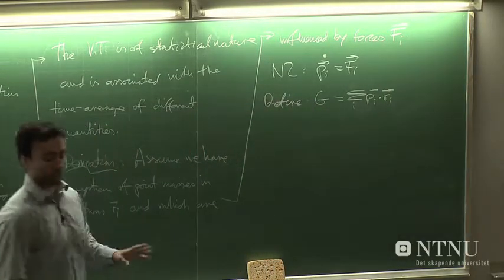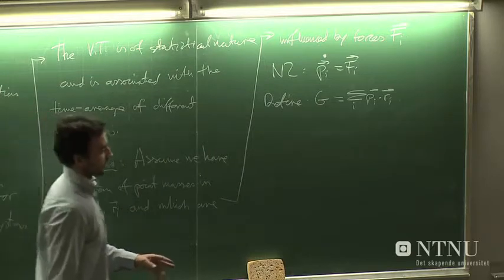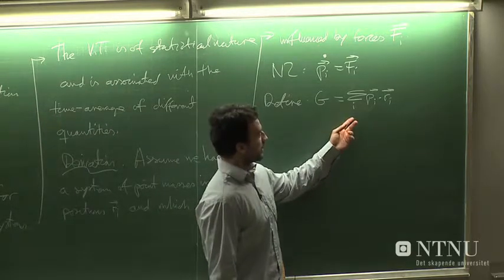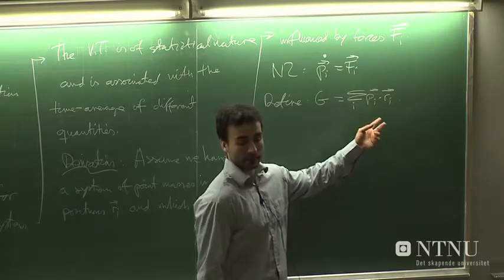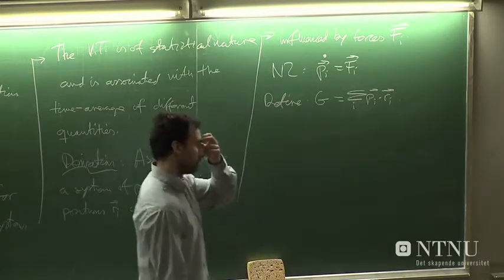And now let me define this quantity G. It's the sum over all particles, and the summand is the momentum dotted with their position.